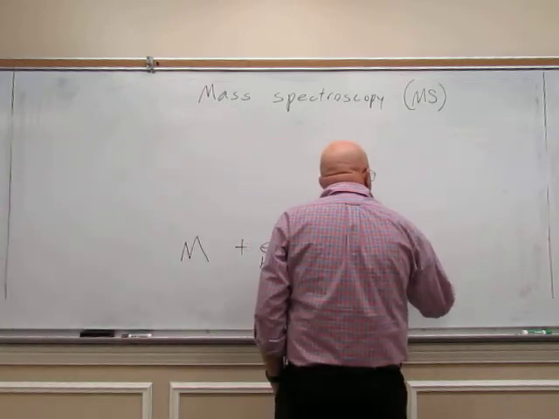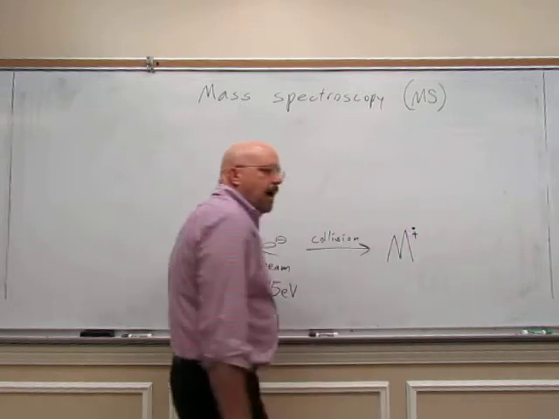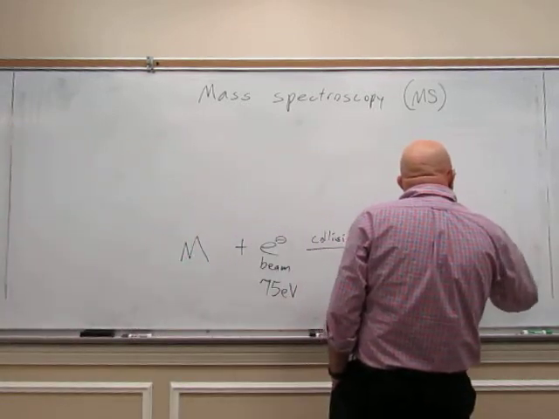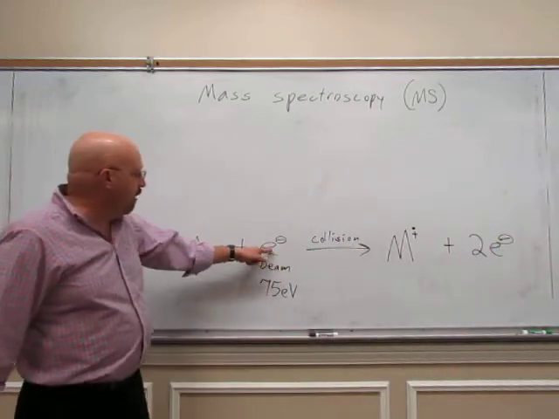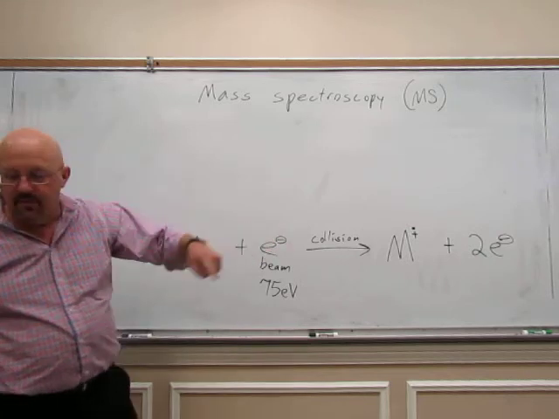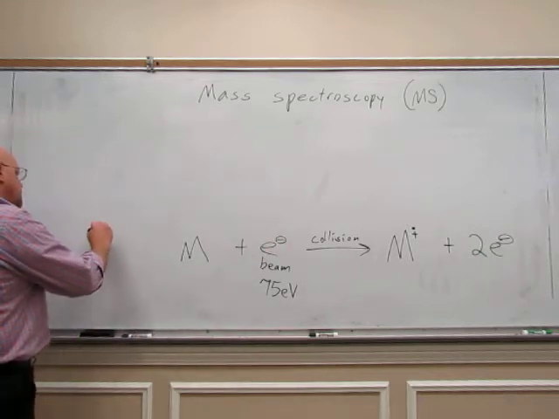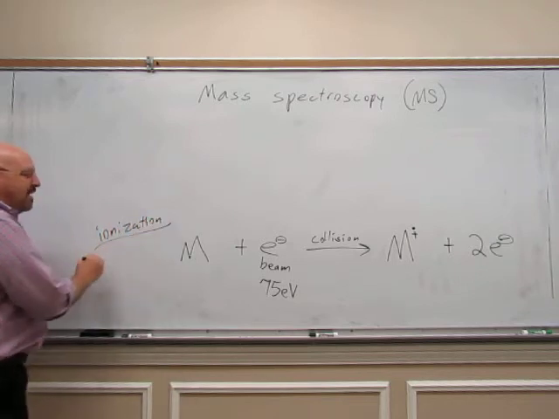If you knock an electron out, you're left with a radical cation. We've lost an electron. I'm going to write this as 2 electrons here: we're hitting it with an electron and we knock an electron out, so that gives us 2 electrons. This is referred to as ionization. We are ionizing the molecule.